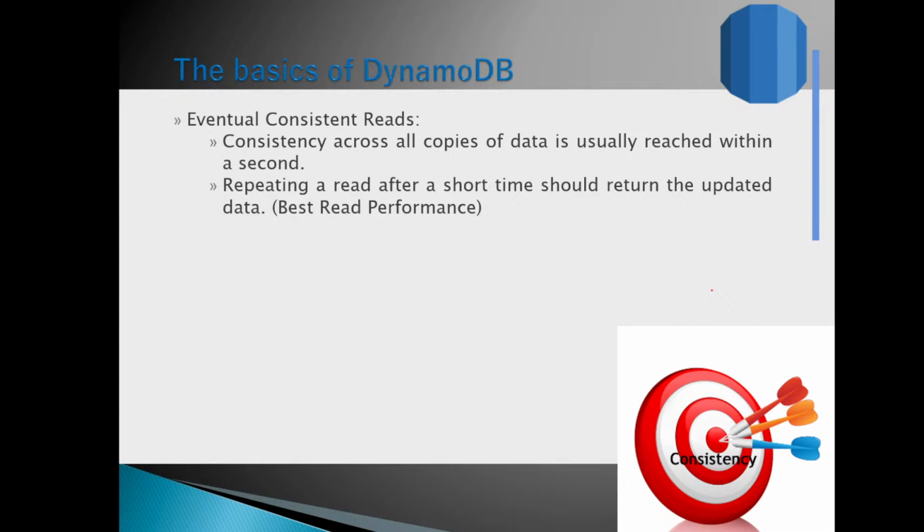But if you are updating or deleting anything and try to read it again, you might get the old data. Remember we talked about consistency, that it replicates across multiple availability zones. So that's the eventual consistency, a little delay. It provides the best performance. Consistency across all copies of data is usually reached within a second. Repeating a read after a short time should return the updated data.